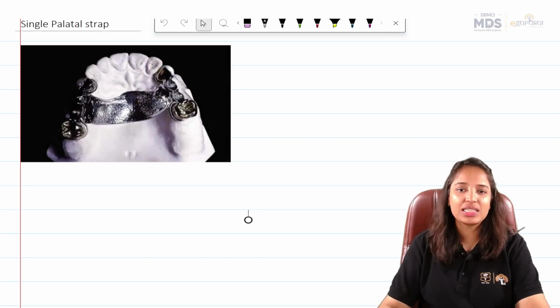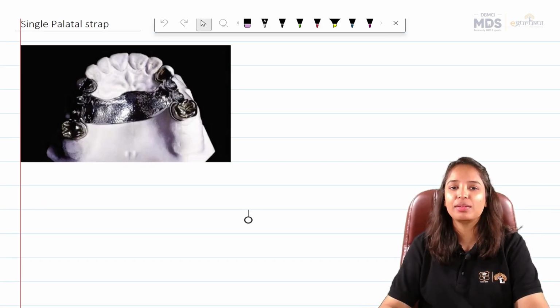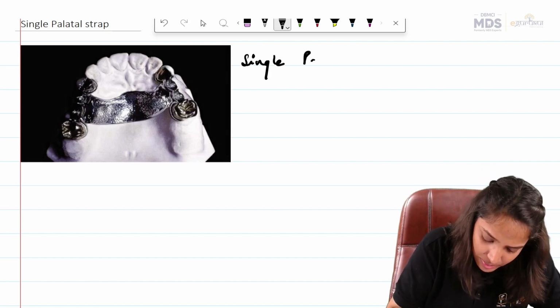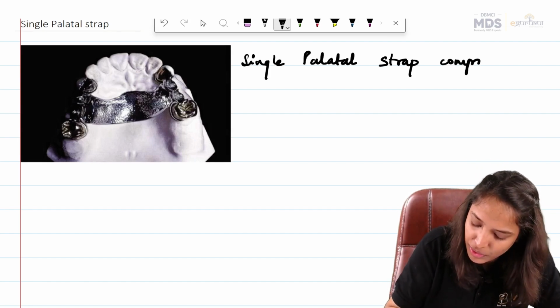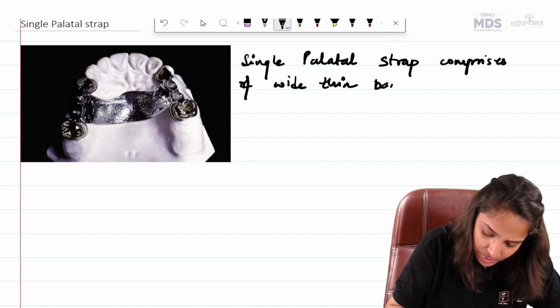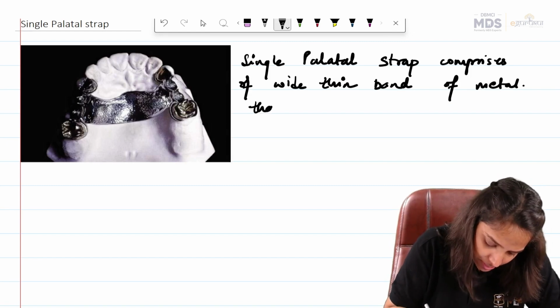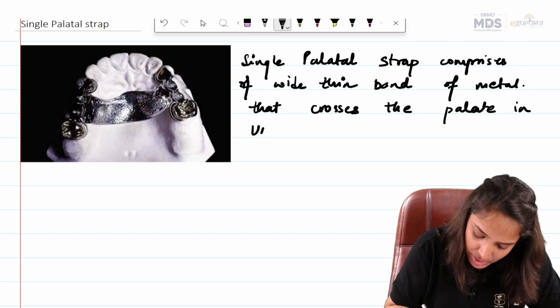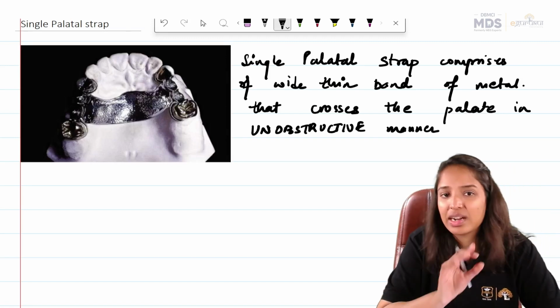Now, after discussing single palatal bar, let us come to the second maxillary major connector, which is called single palatal strap. Single palatal strap comprises of a wide, thin band of metal that crosses the palate in an unobstructive manner, which means there are no breaks in it.